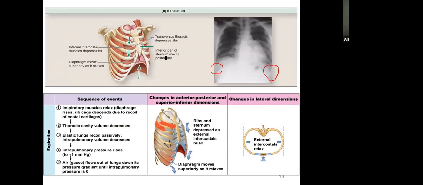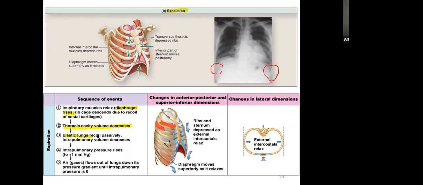And so this is what we have. This is the sequence of events in exhalation. So the inspiratory muscles relax, the diaphragm rises as opposed to inhalation, where it falls. The rib cage descends during recoil of the costal cartilage. Thoracic cavity volume decreases.